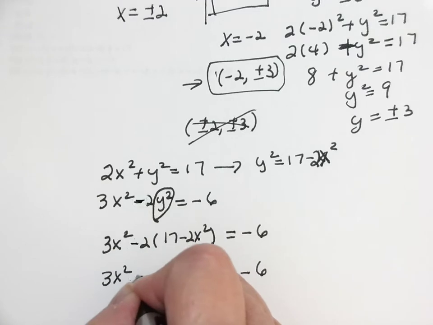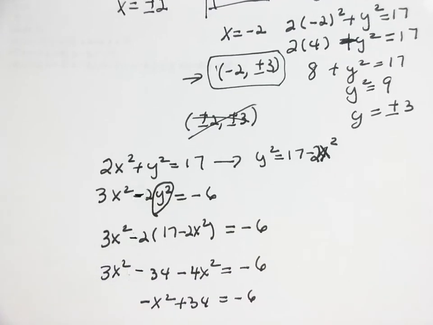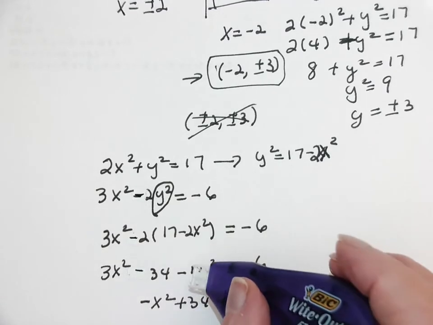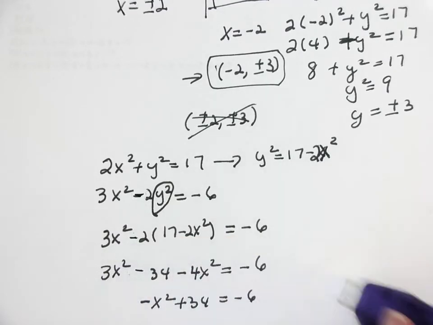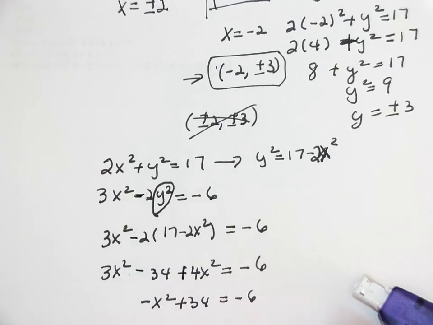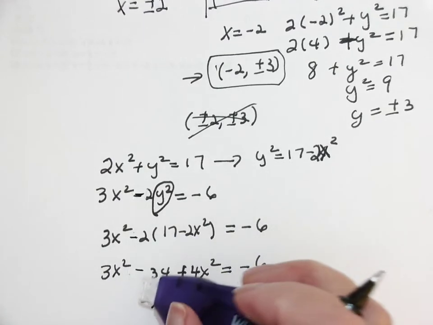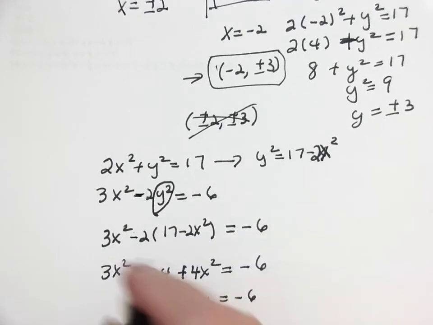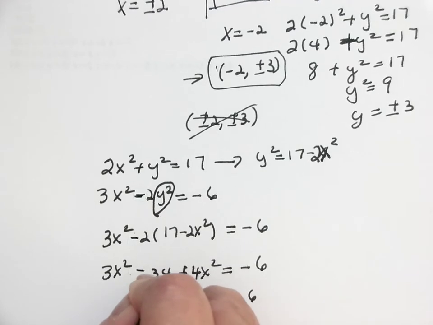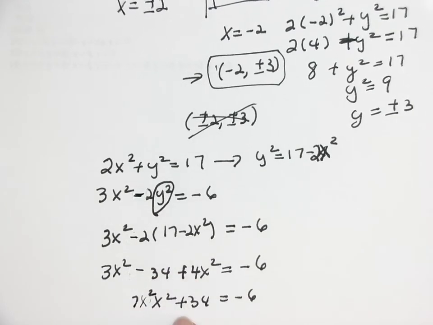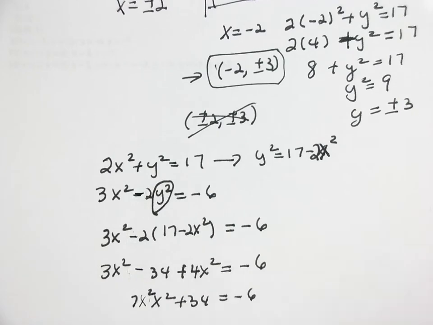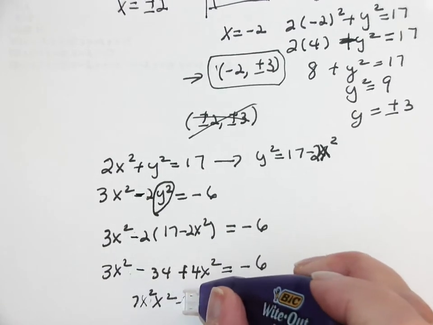So this is going to be a minus 34. And so this is now going to be a plus. So I'm going to get my 7x squared out of here. And this is going to be a minus 34.